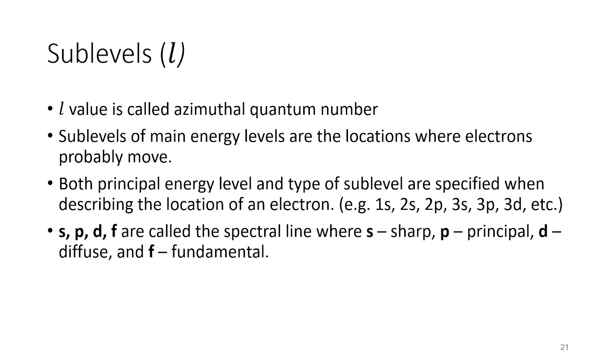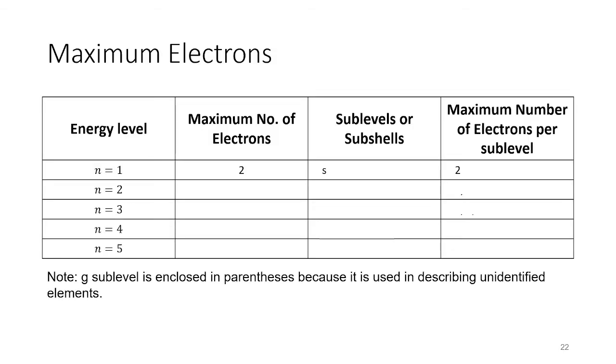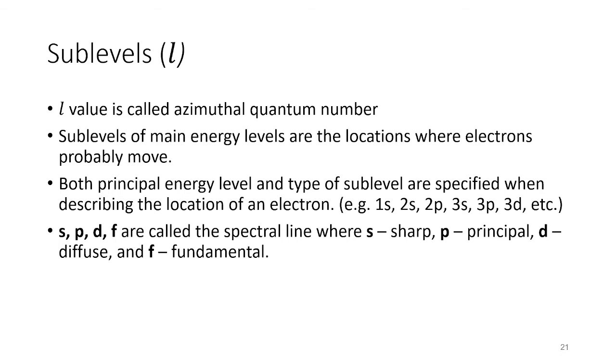It will continue, but as of now, I think there is nothing more after f, if I'm not mistaken. So we have here the spectral lines. S stands for sharp, P is principal, D is diffuse, and F is fundamental.